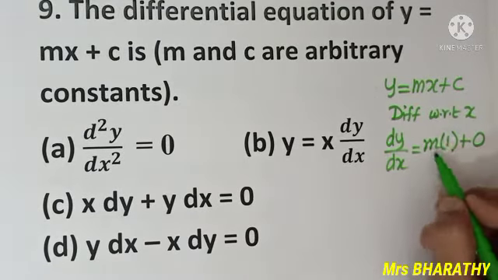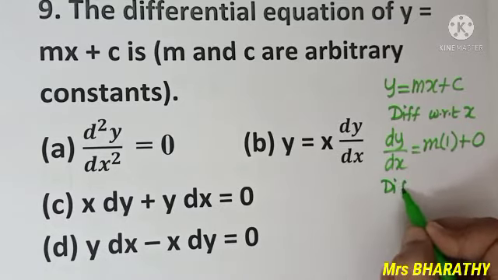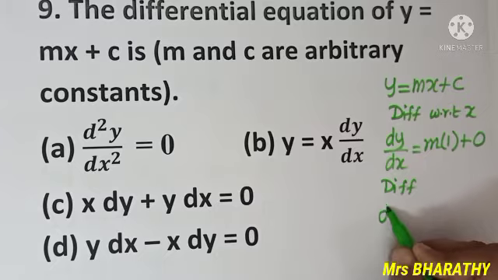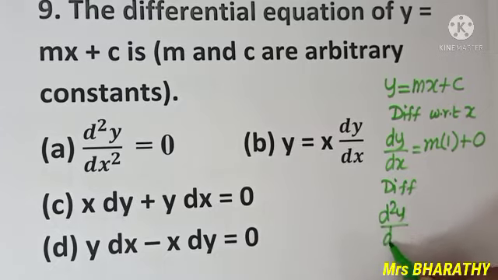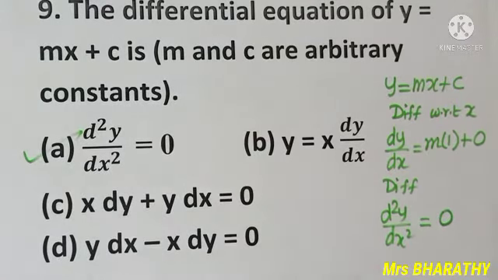Now I need to eliminate m also. So again let me differentiate. Dy by dx becomes d square y by dx square. M being a constant will become 0. Option A will be the right choice.